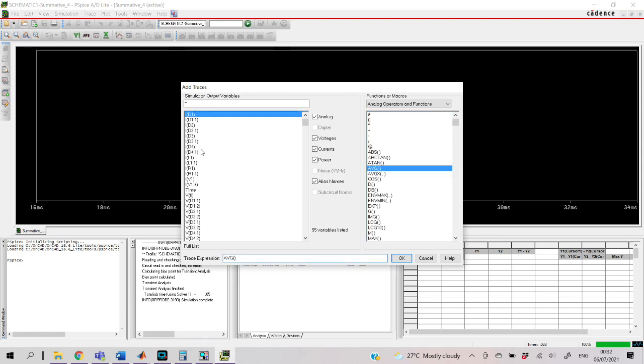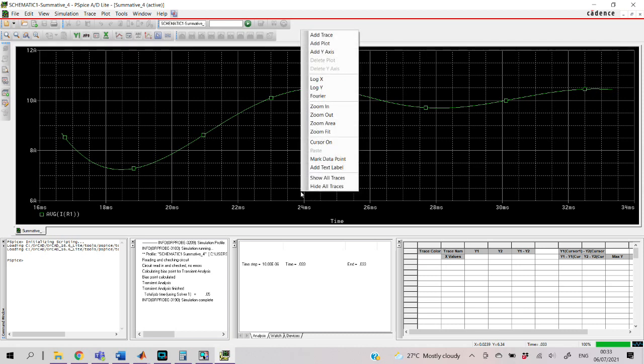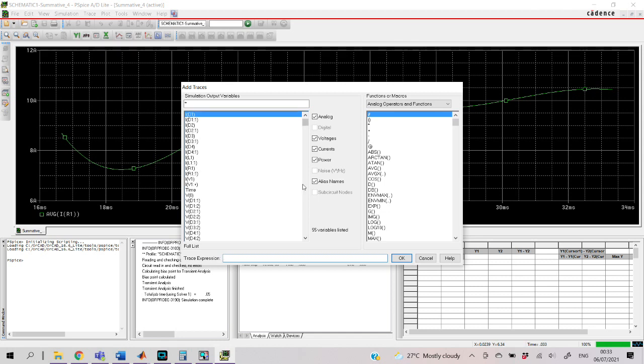Let's plot the load current first, which is the average load current and the RMS load current. So IR1, then click OK. And next, let's add the trace of the RMS value of the load current.